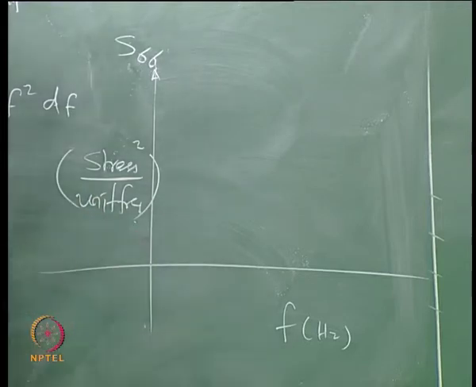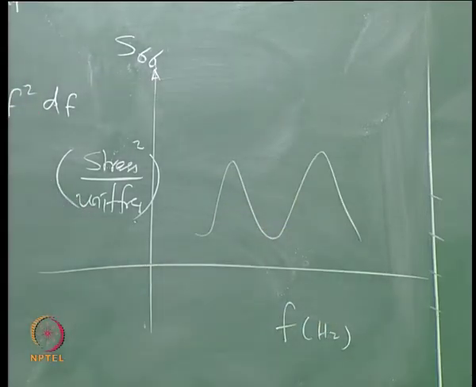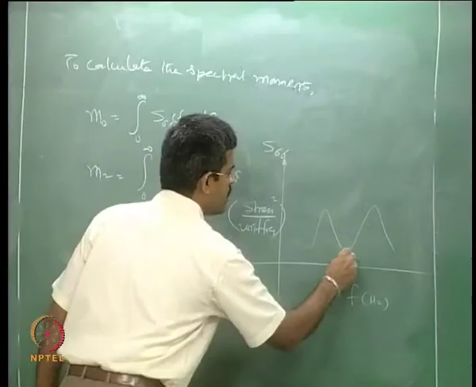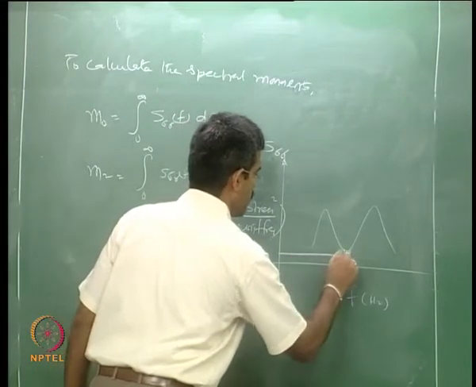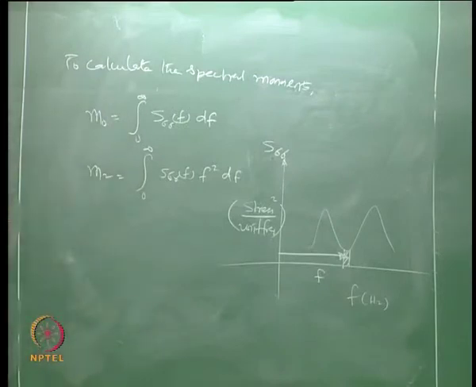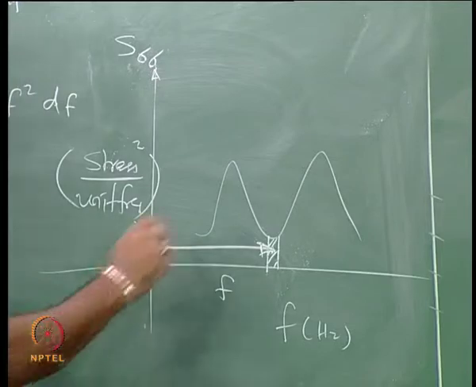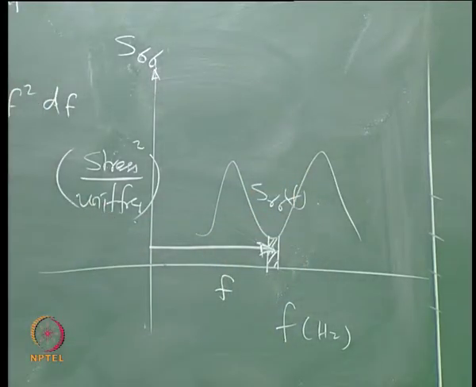So, if I get a specific spectrum like this, you want to look at a specific value. Here you are plotting f, and this is the spectrum S sigma of f.